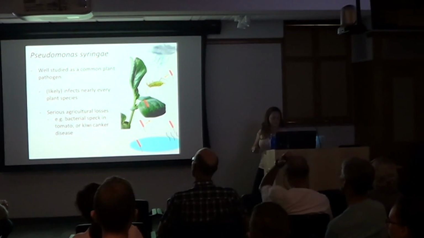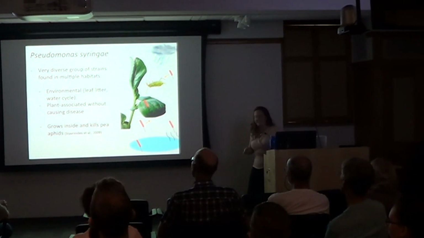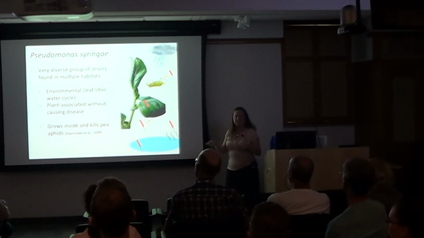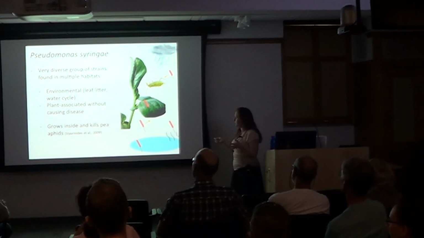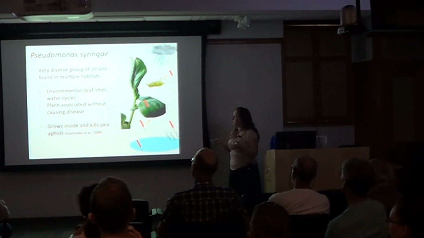But in addition to that aspect of the bacterial ecology, syringae is a very diverse group of strains, a lot of which are not very closely related to each other and can inhabit a lot of different habitats. So it can be more of what we think of as an environmental bacteria.